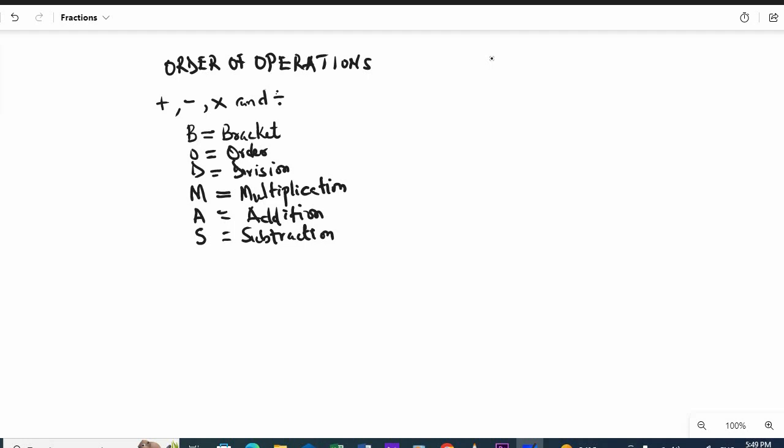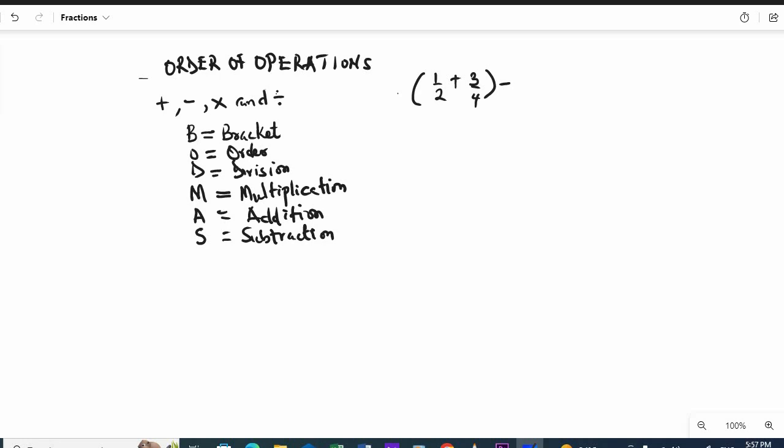So we're just going to look at a simple example to illustrate how we do the order of operations. We have a fraction 1 over 2 plus 3 over 4, minus, sorry, let me write that out clearly.